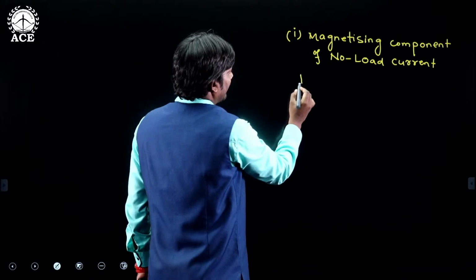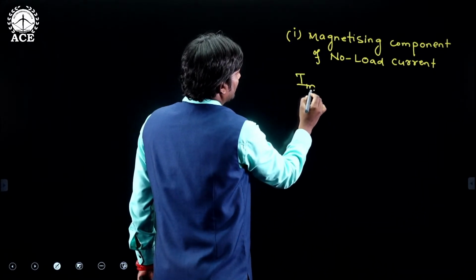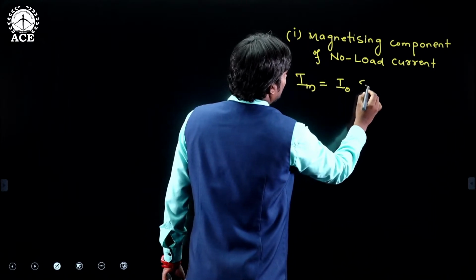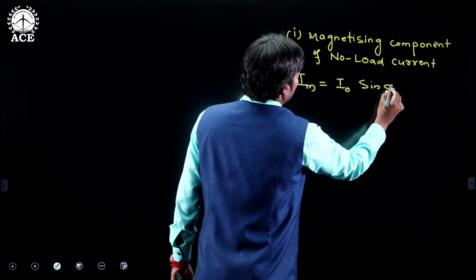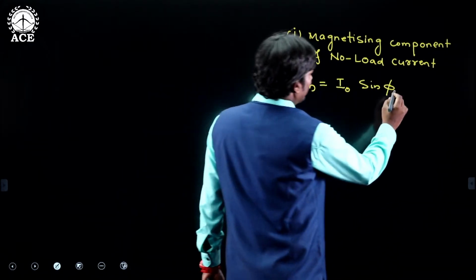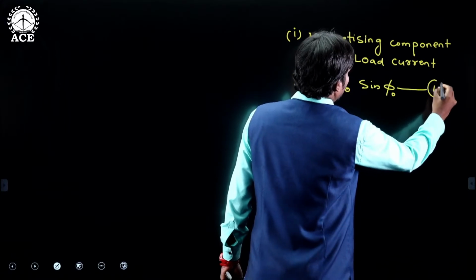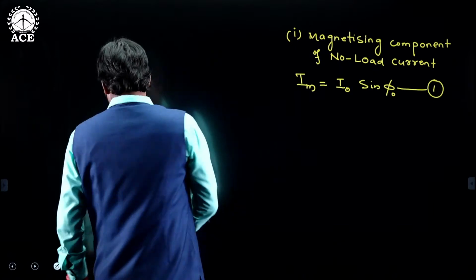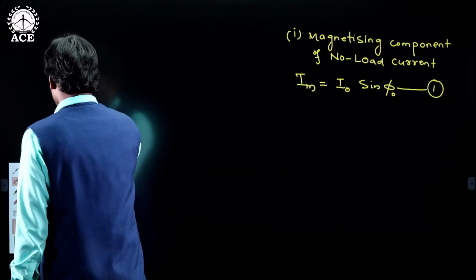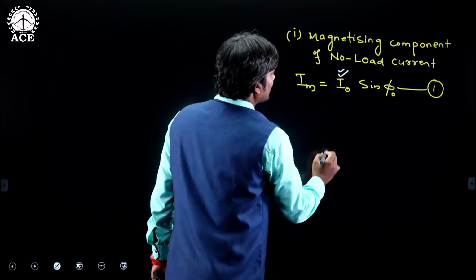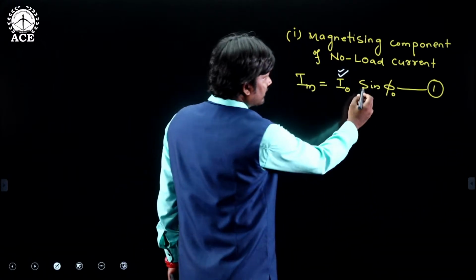This is nothing but Im. Im is equal to I0 sin phi naught. Suppose this is our equation number 1. For the given problem, this I0 is given. Now calculate sin phi naught.